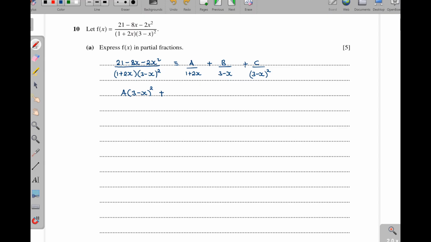So meaning we shall have b here multiplying with 1 plus 2x, then also 3 minus x, and then this one here, divide by this one will cancel with this, we remain with 1 plus 2x, which we shall multiply with the c there. Meaning we shall have c times 1 plus 2x.